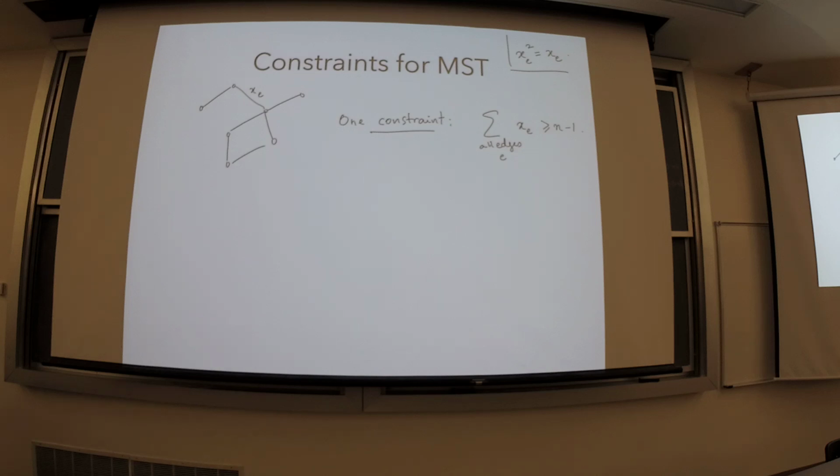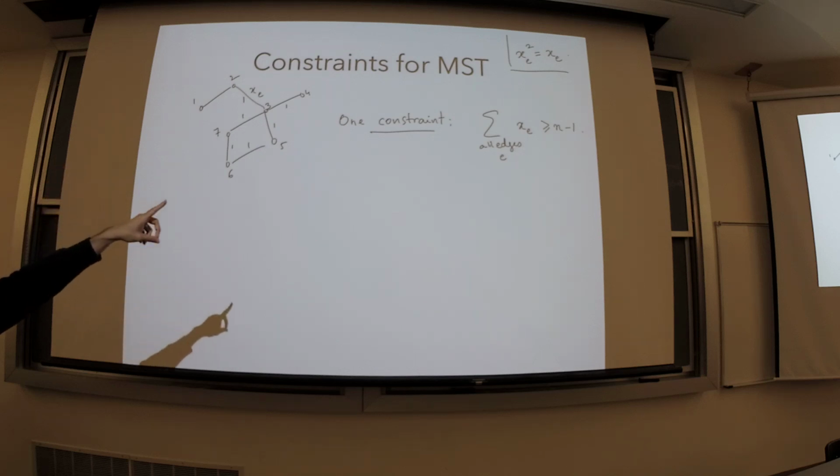Alright, so this is one constraint that is certainly necessary, to ensure that everyone is connected to everybody else. And as you will easily observe, this is not sufficient, right? Because in this example, I have 7 vertices, and I can choose all of these edges, and I have chosen 6 edges, 4 from the cycle and 2 outside.